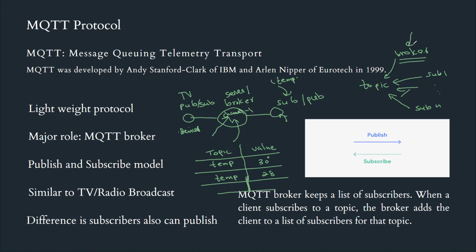So the broker is basically responsible for organizing the data inside the server. So the basic two functions done through this MQTT protocol are the publish function and the subscribe function. So the MQTT protocol does the publishing of data and the subscribing to data.